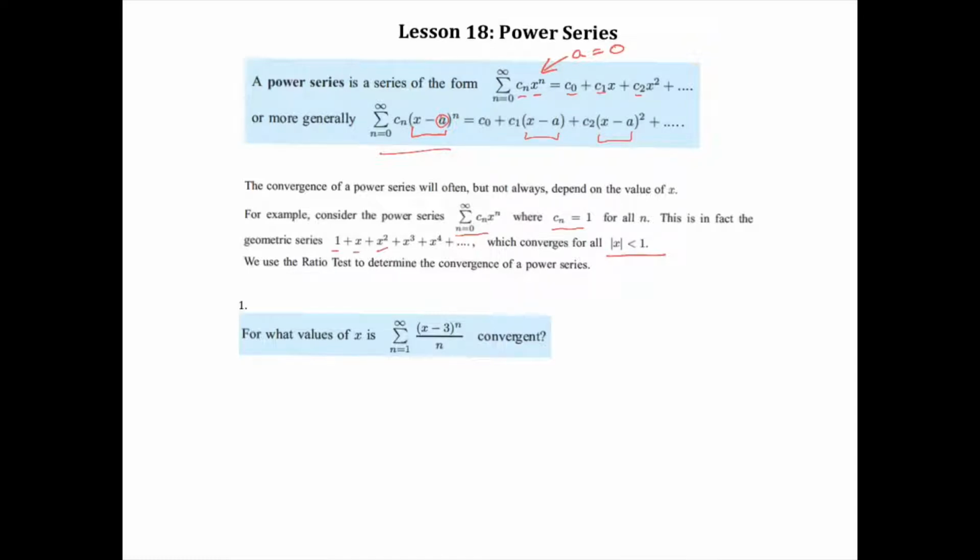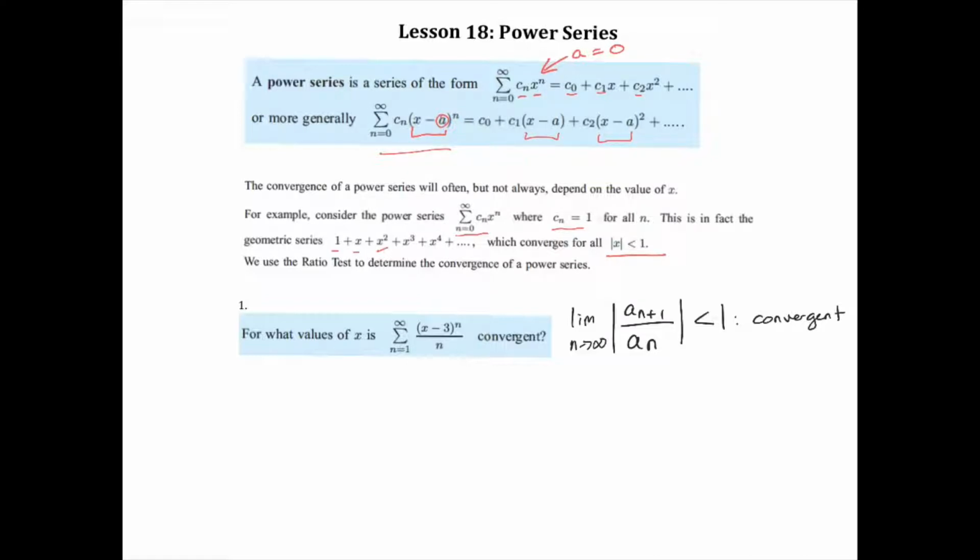As a reminder, how does the ratio test go? What do we check? The limit as n goes to infinity of a_{n+1} over a_n. What if it's less than 1, what does that mean? It's absolutely convergent.